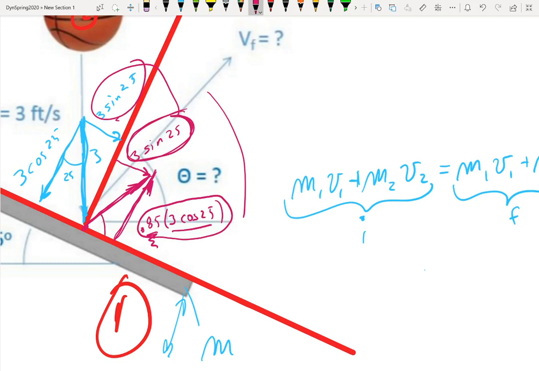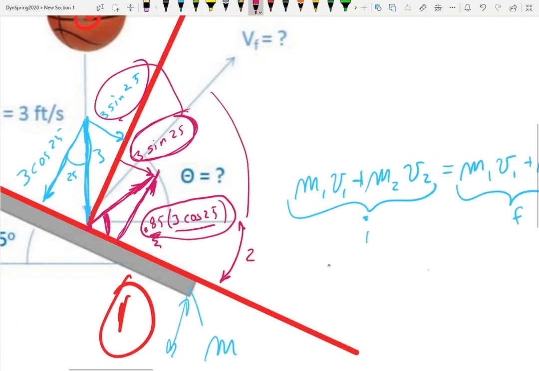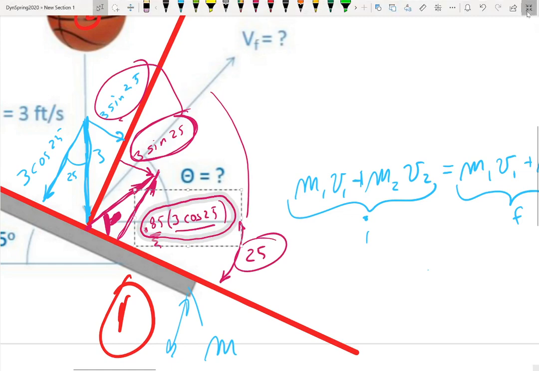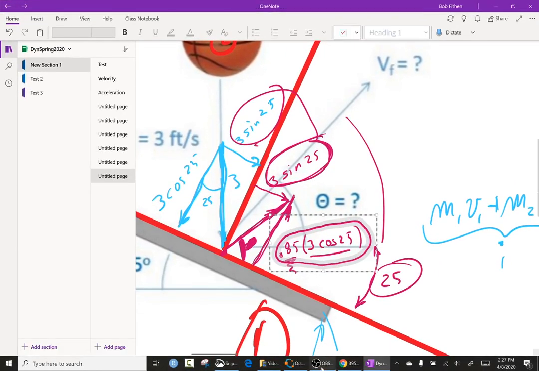Once you have that angle, then you know this is 25. If I remember, yep, this is 25. So all you do is take whatever angle you find here, subtract 25 from it, and that should be your answer. So with that, I'm going to go ahead and stop this whole thing, and go from here.